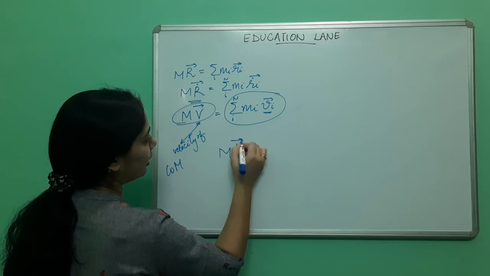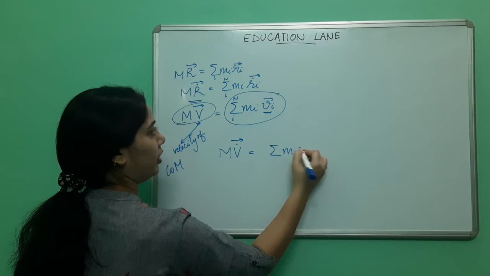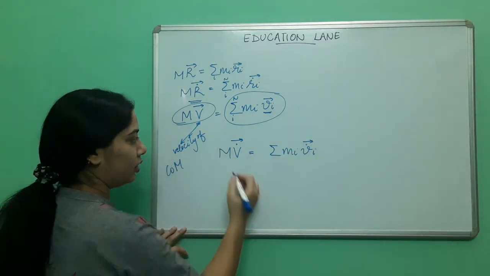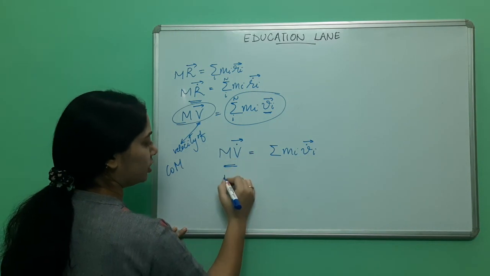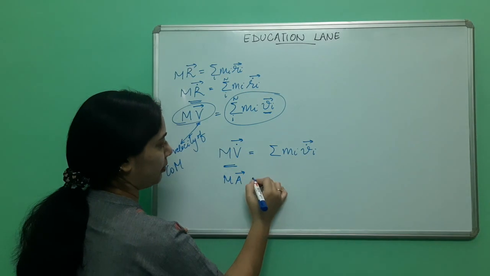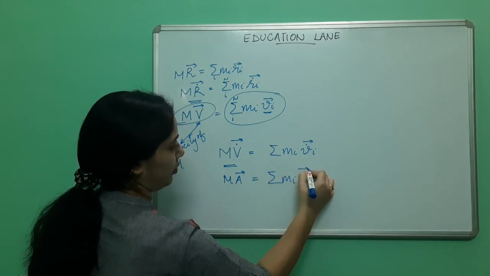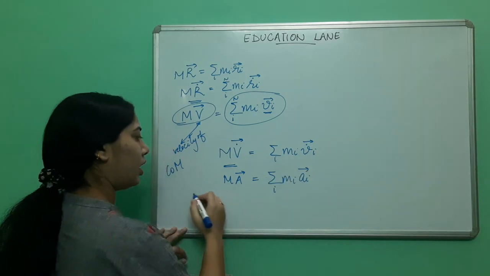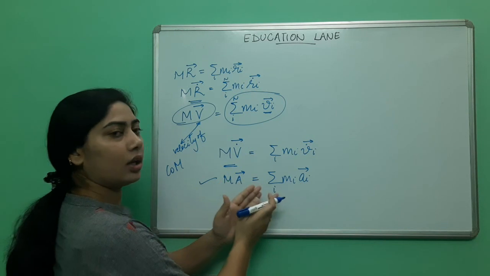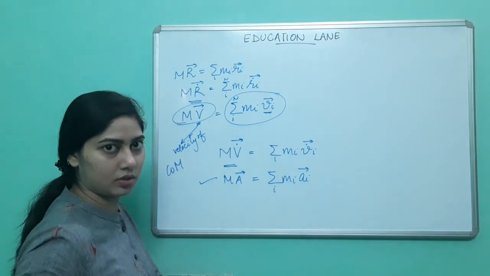Differentiating it again, I get M V dot is equal to summation m_i v_i dot. Now what is this? Acceleration. Again, acceleration times mass is force, equal to the sum of all the individual forces. Got it?